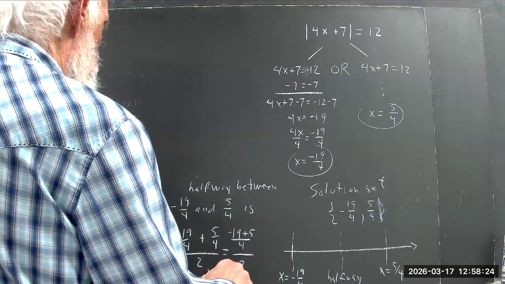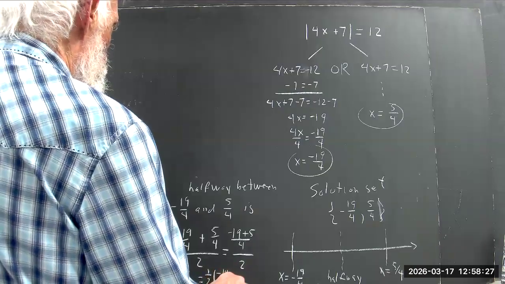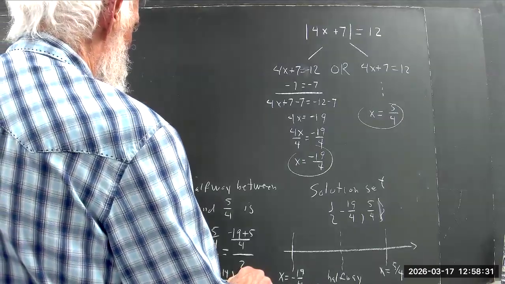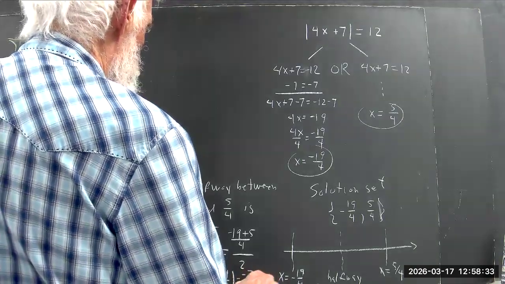Which is 1/2 of negative 14 over 4, which is negative 7 over 4.